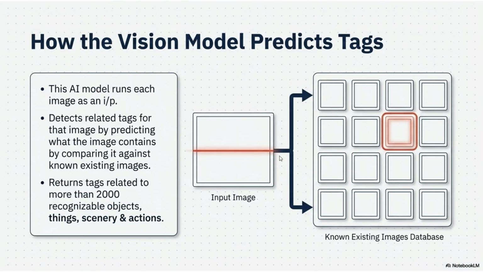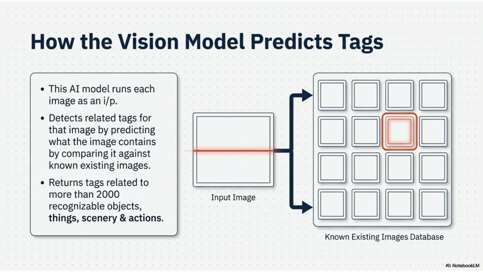So basically, how does the vision model predict the tags? Now let's go deeper. The vision model analyzes the pixels. It detects the patterns and matches them with known objects. For example, an image might be tagged as car, person, building. This is done using trained machine learning models. The AI model takes each image as an input and detects the related text for the image by predicting what the image contains, comparing it against known existing images.